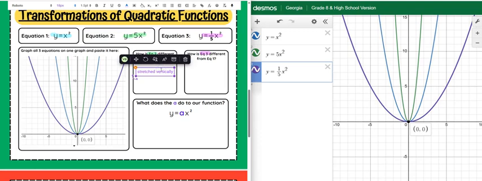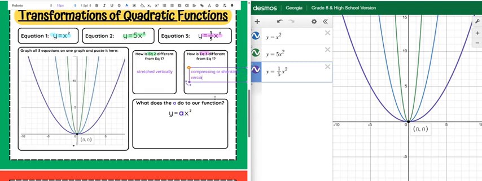That's what we're doing when we have that number 5 in front of our graph. When we look at the purple one, it's like someone's grabbing our hands and pulling them down. So we call that compressing, or sometimes we say shrinking vertically.